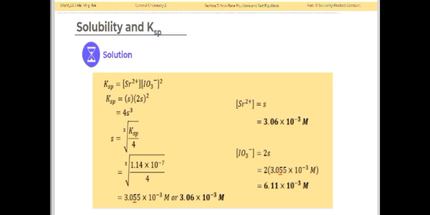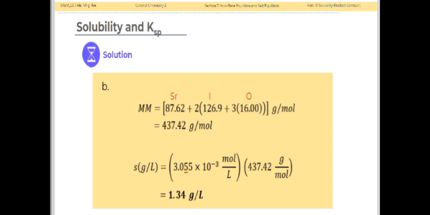The concentration of strontium ion is S, which is 3.06 times 10 raised to negative 3 molar, rounded off to 3 significant figures, while that of iodate ion is 2S, which is 6.11 times 10 raised to negative 3 molar.